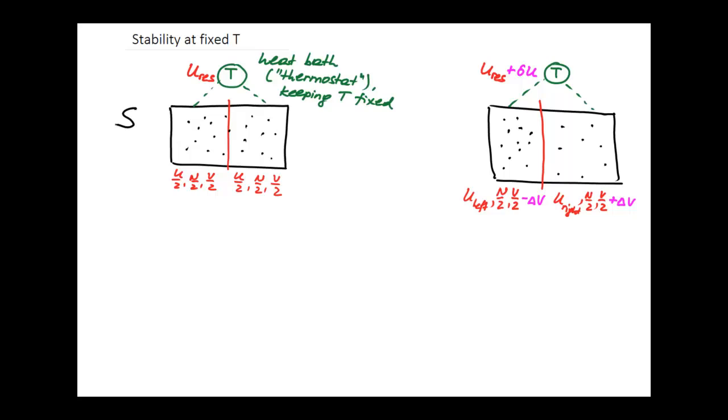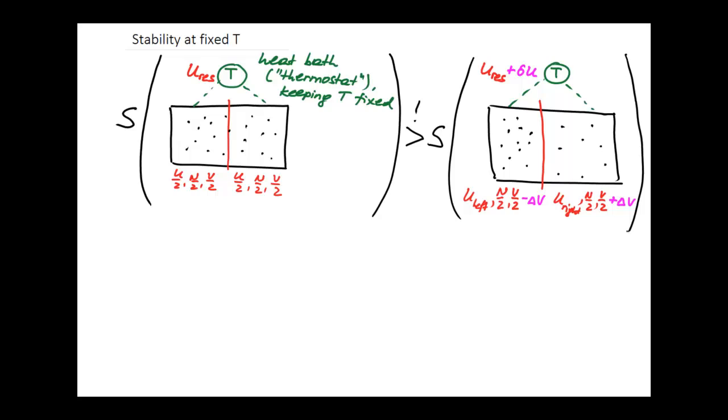But we have to be careful that we include the reservoir. So we have to look at the total entropy of the system of interest plus the reservoir, because the two systems are coupled, and it's the combined system, including the reservoir, that settles in a certain state. And we want to make sure that it's the one where the system of interest is homogeneous.